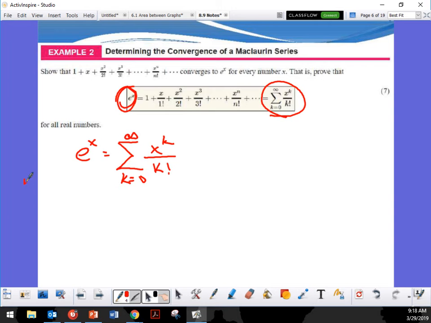Gotta double check my notes on this one. All right, so I know it's going to come out to be this, right? Because I have my function, so f of n plus 1 of whatever my u is, times x to the n plus 1 over n plus 1 factorial.